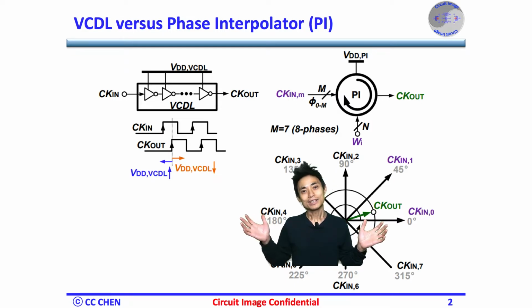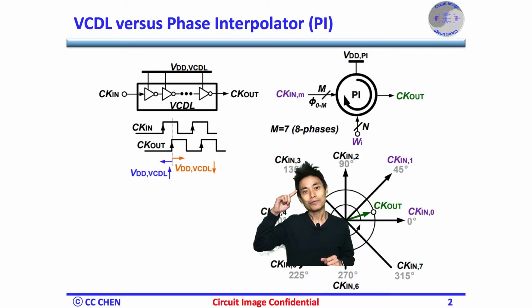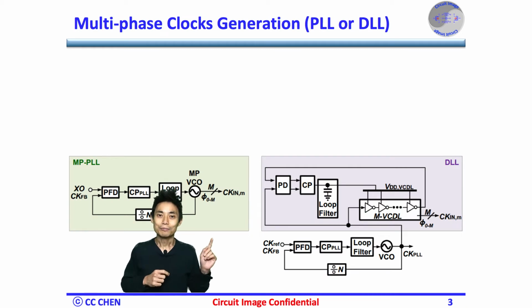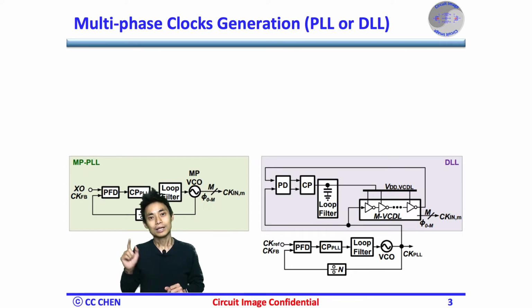How could we generate them? Think about the PO or DL images for 5 seconds. Right, the multi-phase input clock can be generated either from a PO or a DL. If a multi-phase VCO is available in a PO, then the PI's input phases could come from the PO directly.